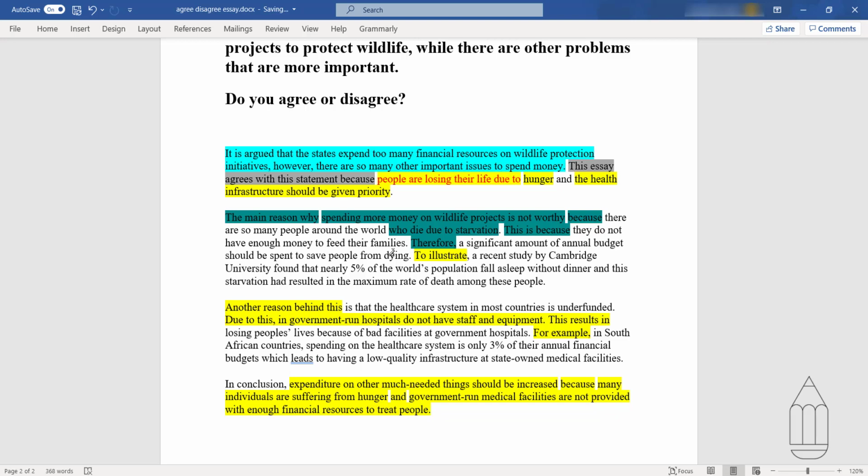Just keep in mind that your writing should be simple and error-free. If you have fewer errors, then there are more chances that you are going to get 6.5 or even 7. So that's the end of the first video, how you can improve your IELTS writing.